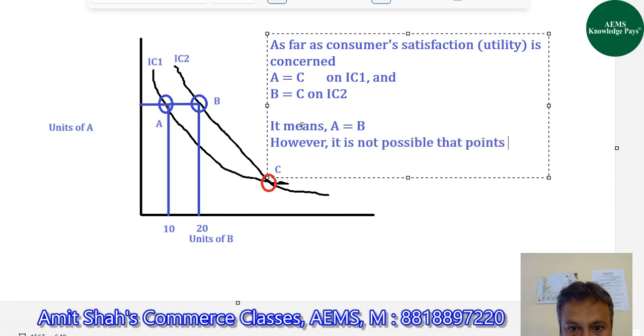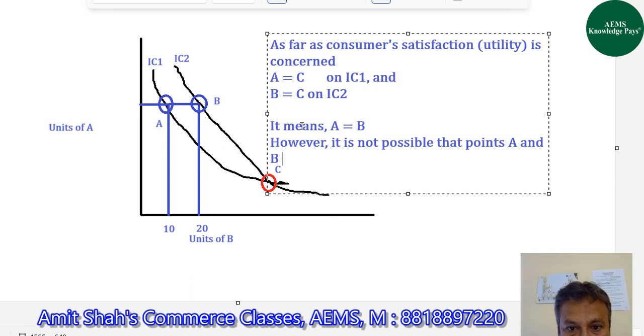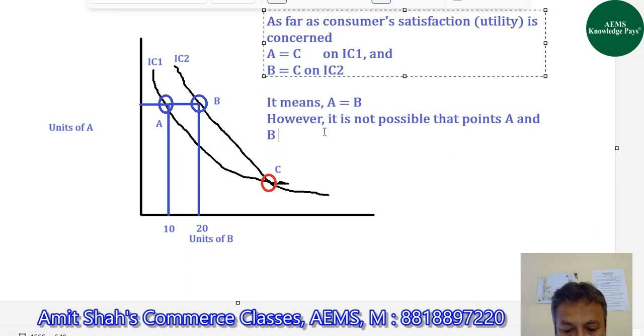that points A and B produce the same utility for the consumer. Why is it not possible?